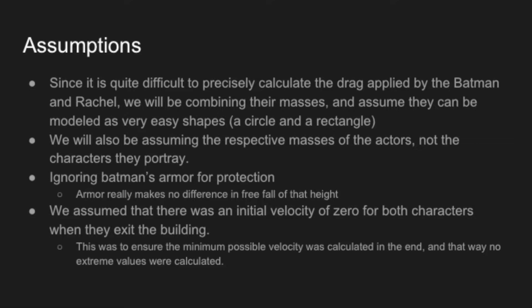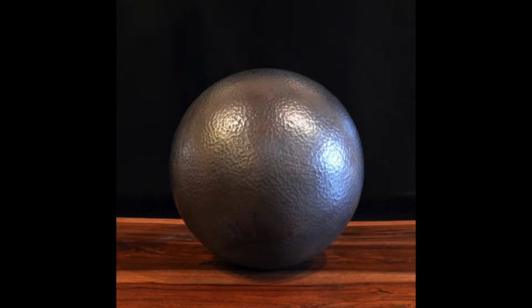It would be pretty difficult to precisely calculate them tumbling through the air in a very abstract manner, with no kind of rhyme or reason to it. So we combined their masses into a couple different shapes. The first one we did was putting their masses into a spherical shape, and then one into more of a rectangular shape, which is kind of how Batman is shaped himself.